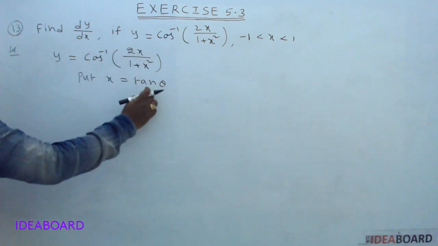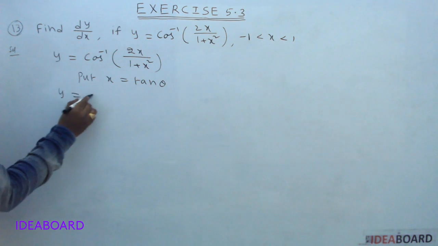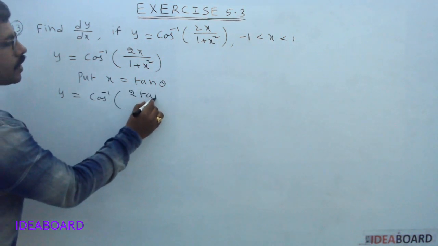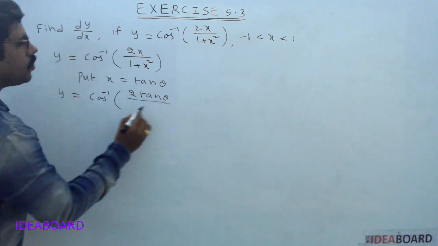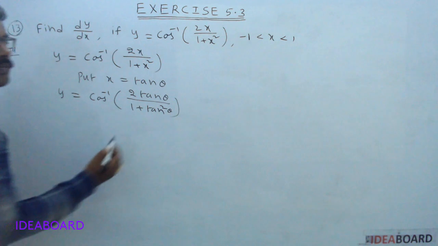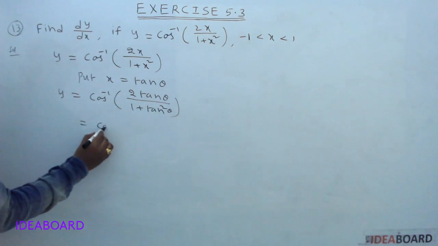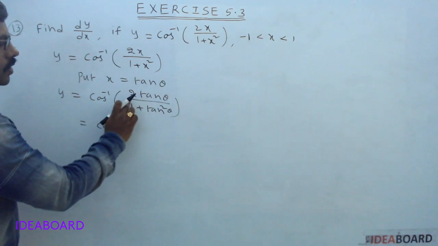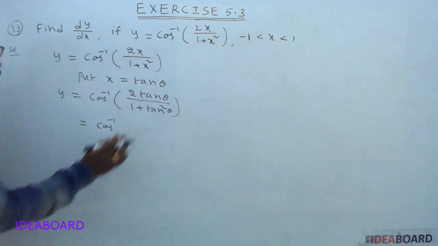Now substitute x equals tan theta: y equals cos inverse of 2 tan theta divided by 1 plus tan square theta.